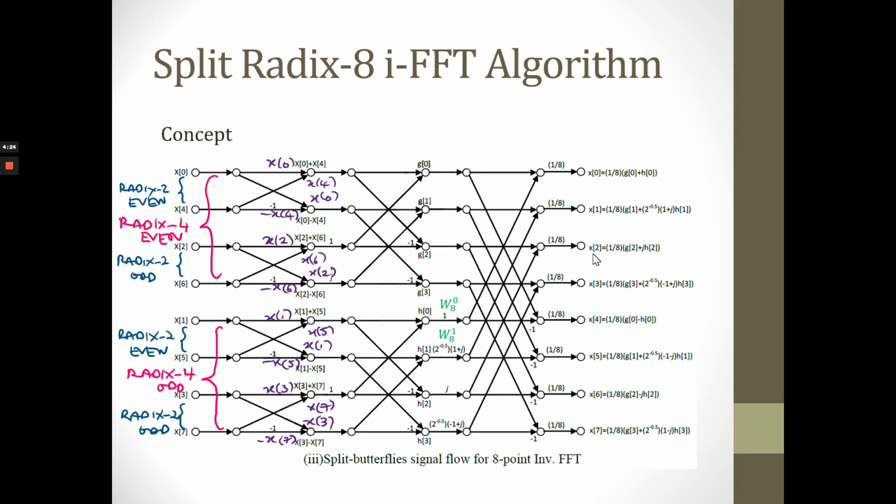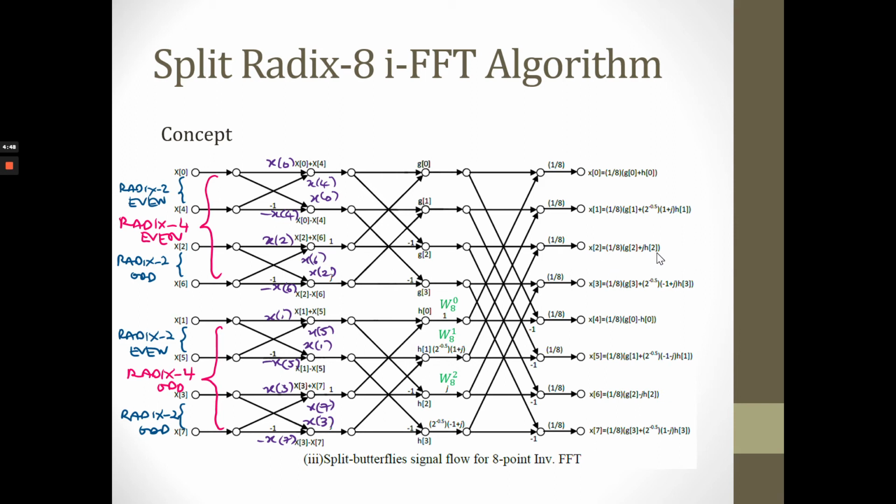So the next one is for x2. This is G2 plus this function, W2 multiplied with H2. At the summation node, G2 plus W2 multiplied with H2, which is j, multiplied with 1 over 8.